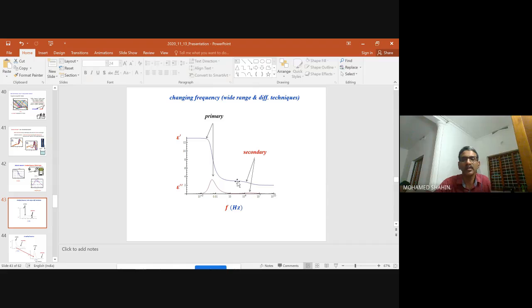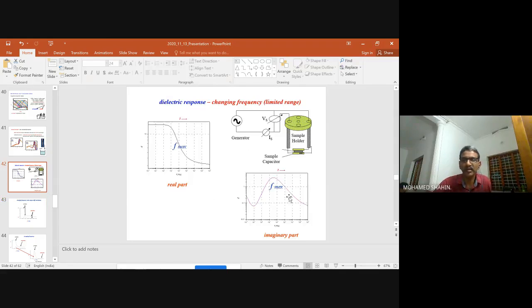And if you go further to high frequency, what will we see? At the same time, if this corresponds to a particular temperature, what will happen if you reduce the temperature or increase the temperature?